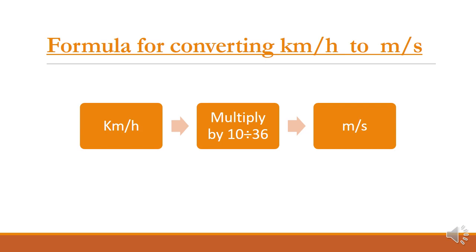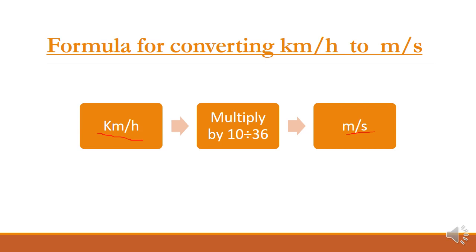When you want to convert from kilometer per hour into meter per second, you just have to multiply by 10 upon 36.